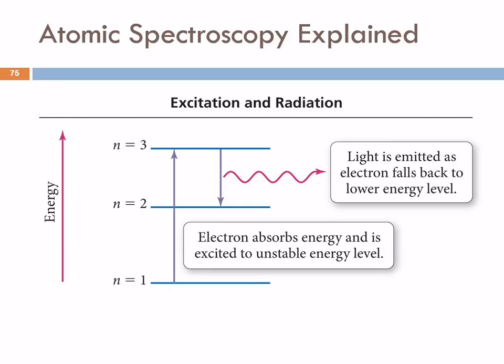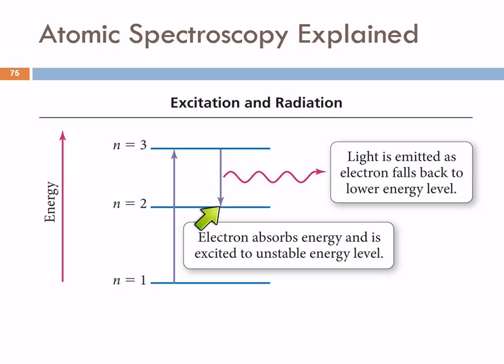So this is a diagram illustrating this. If we have an electron in the first principal energy level, and we excite it with energy, maybe it goes up to level n equals 3. Well, it's not going to stay up there forever. It'll go up there, and then it'll start coming back down. And it does not have to jump all the way down.